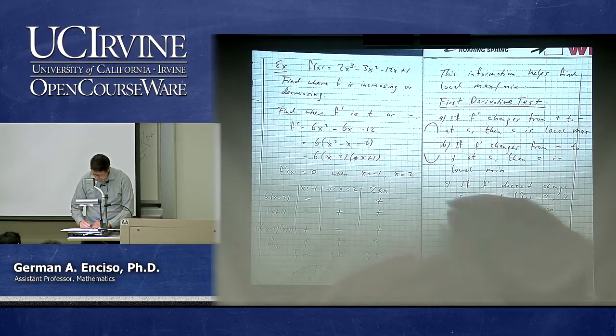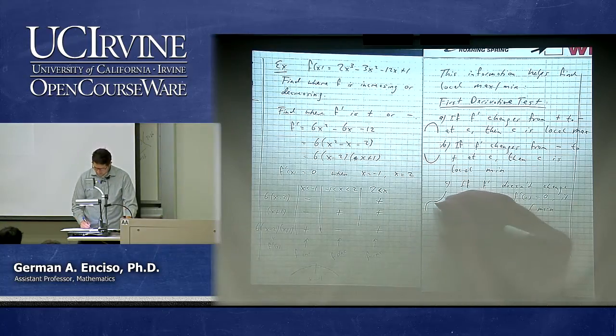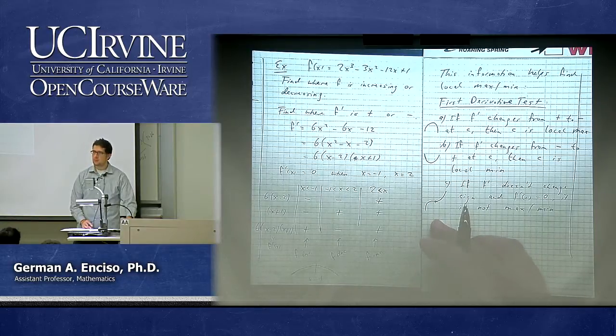So for example, this could be a situation where the derivative is positive, then it goes to 0, and then it's positive again. So you see this point is a point where the first derivative is 0, and yet it is not a maximum or a minimum.